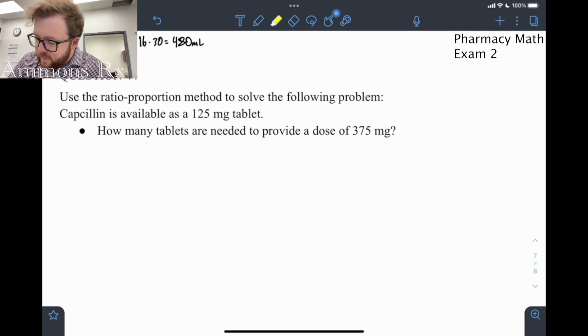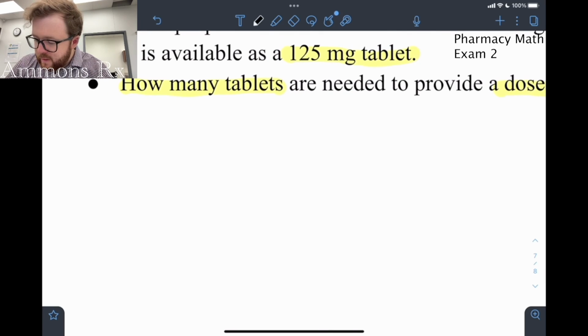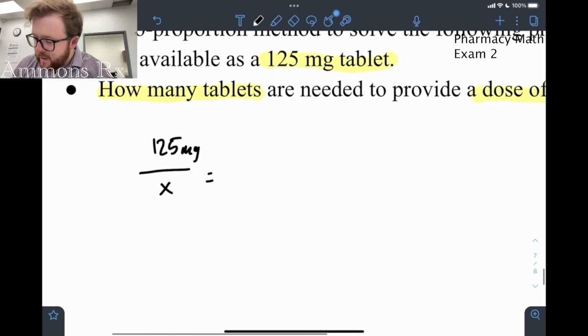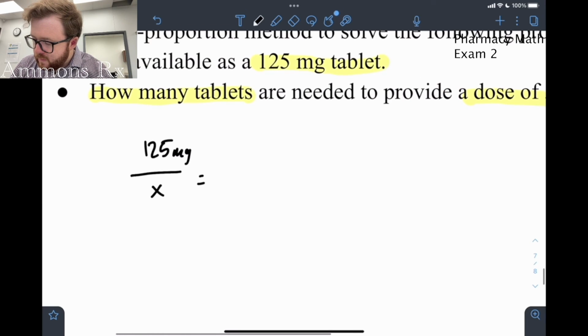We have a 125 milligram tablet. How many tablets are needed to provide a dose of 375 milligrams? Okay, so we have what we need, which is 125 milligrams, oh, sorry, I wrote that wrong.